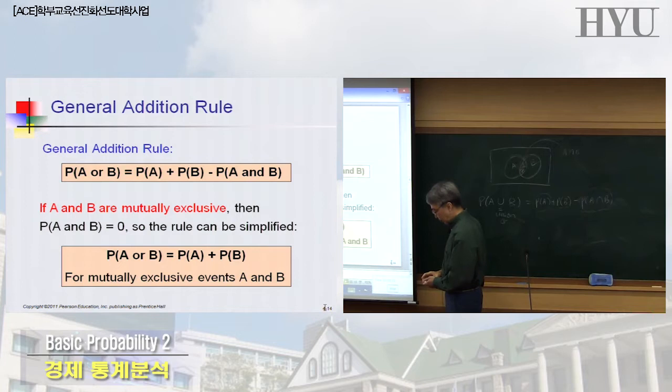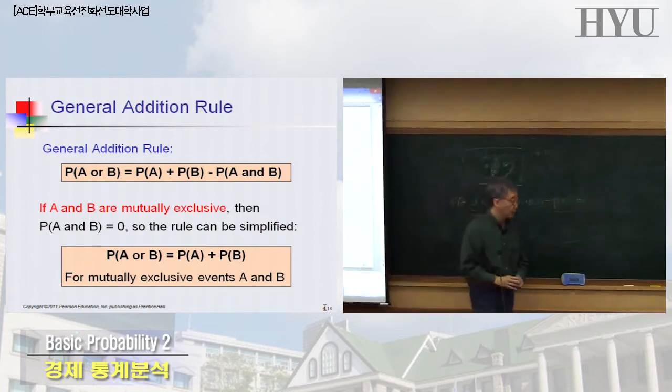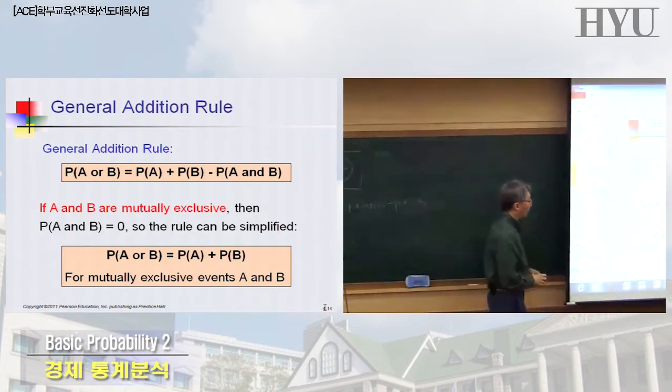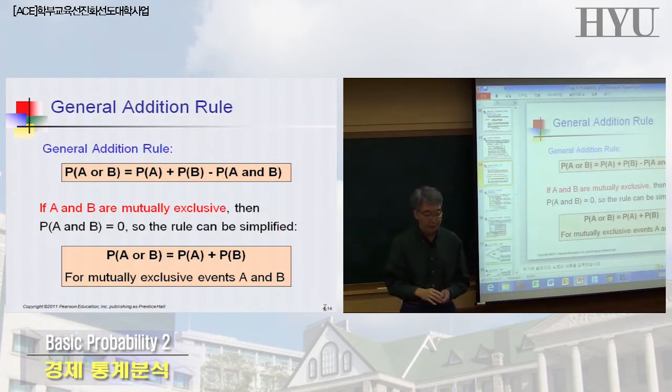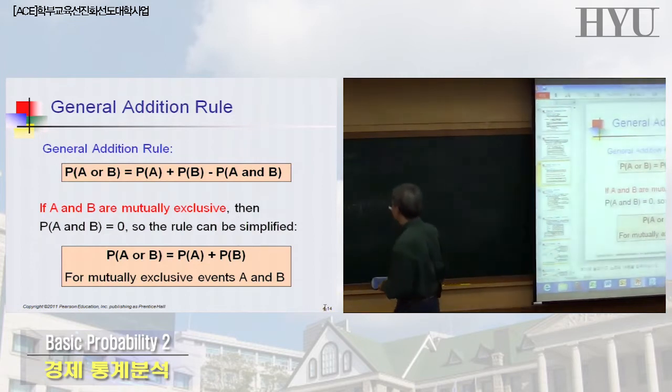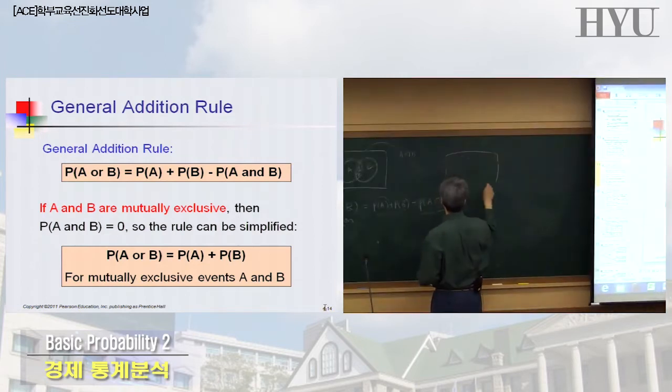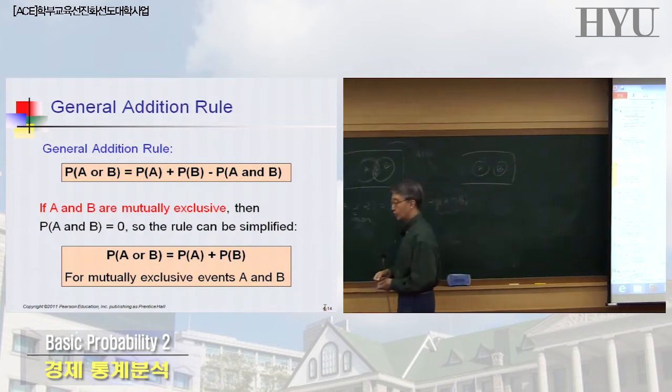Well, we can think about one special case. In case A and B are mutually exclusive, I hope you still remember the concept of mutually exclusiveness, there is no overlapping part. In case we have two events like this, A and B, there is no overlapping part.